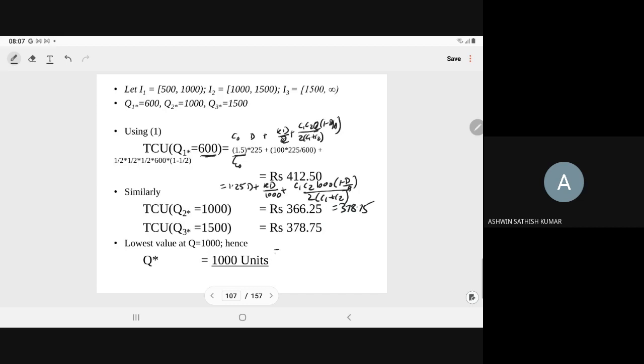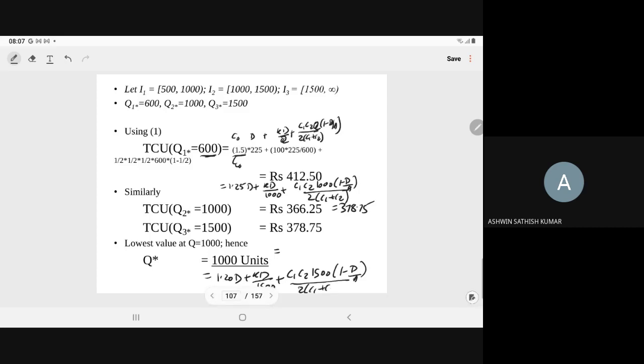Similarly, we compute for the third: 1.20 into D plus KD upon 1500 plus C1 C2 into 1500 into (1 minus D upon A) upon 2.